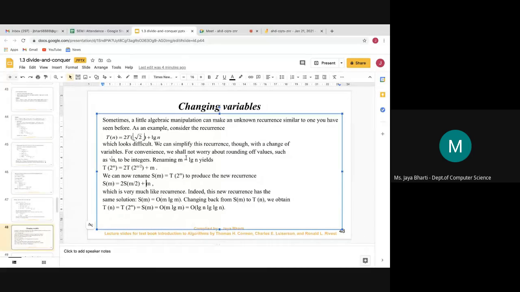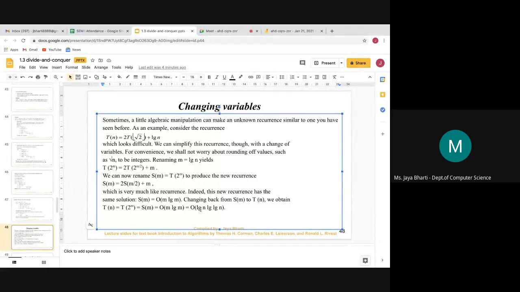We know the value of m: m = log n. So now we will change the m value to log n, and we will also change S(m) to T(n). So T(n) = T(2^m) = S(m), and this whole thing will become O(log n log log n).